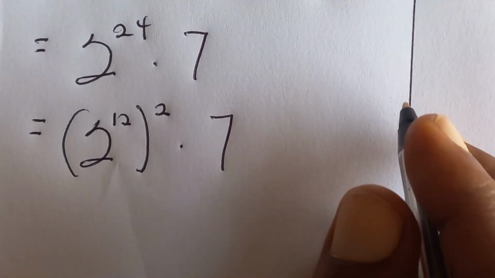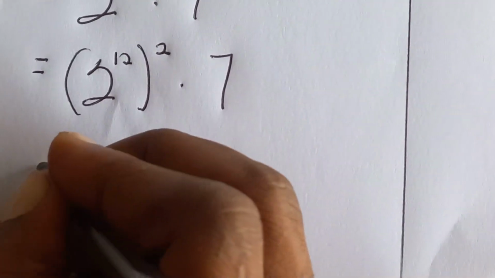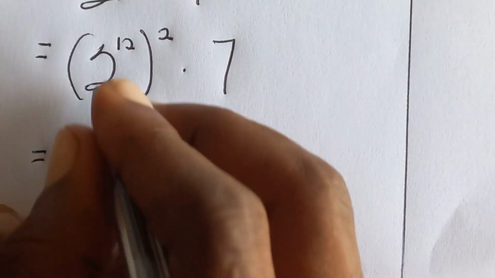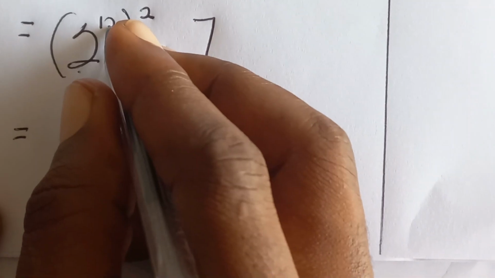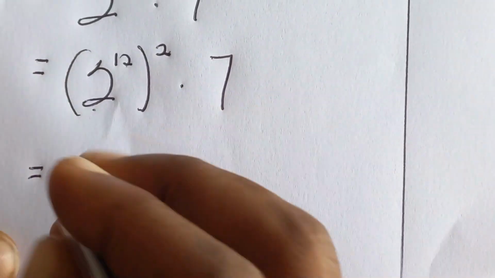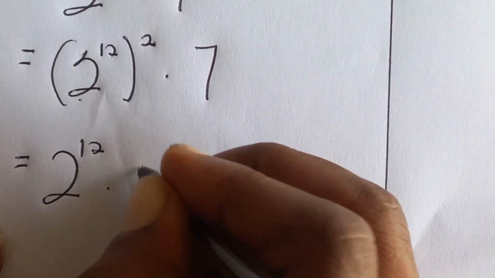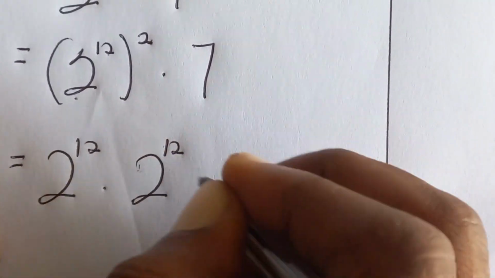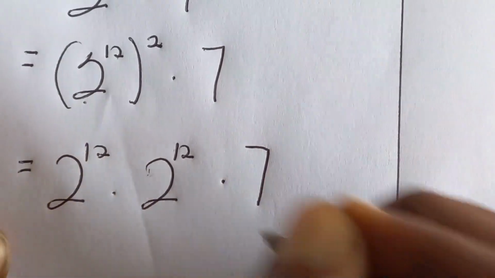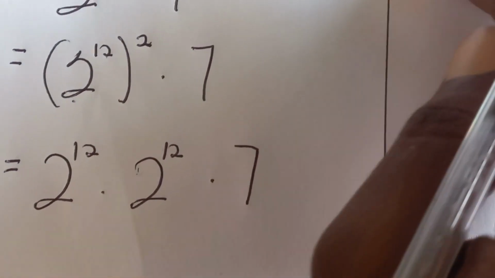Now this 2 exponent 12 exponent 2 means that we are having 2 exponent 12 two times, multiplied by 7. Let's continue from here.